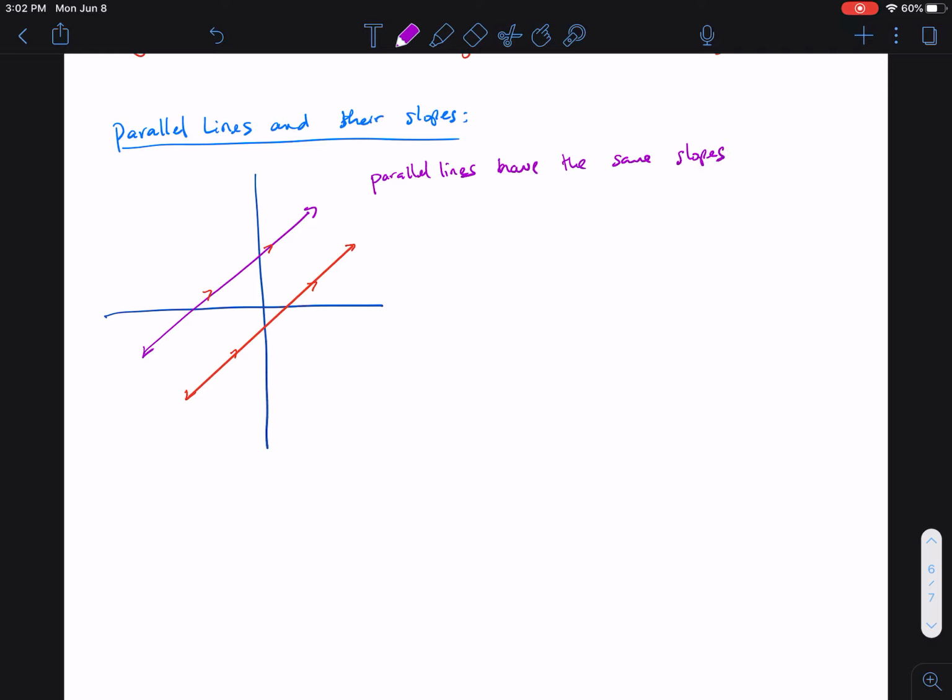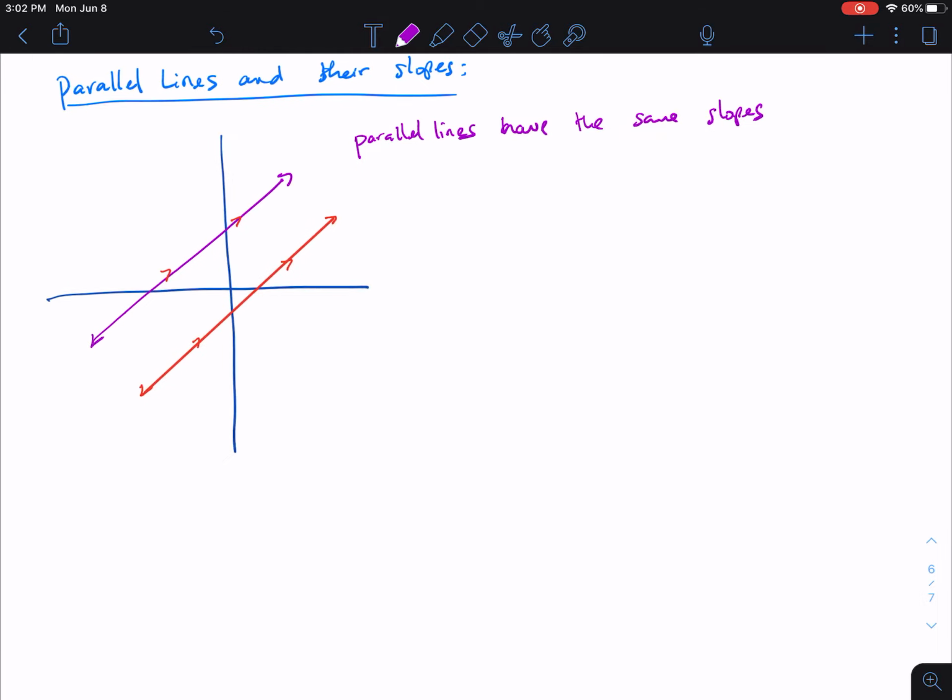So the way we can show two lines are parallel by looking at the slope, without graphing them, is to solve for the slope-intercept form. Let's say we have an example: 3x plus 5y equals 2. That equation could be any line.